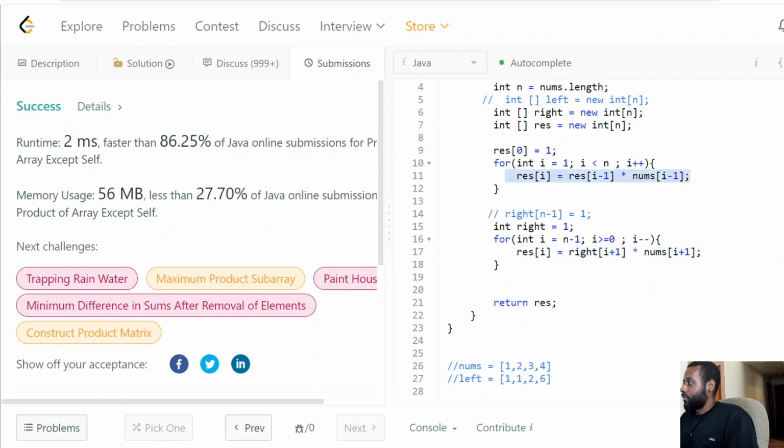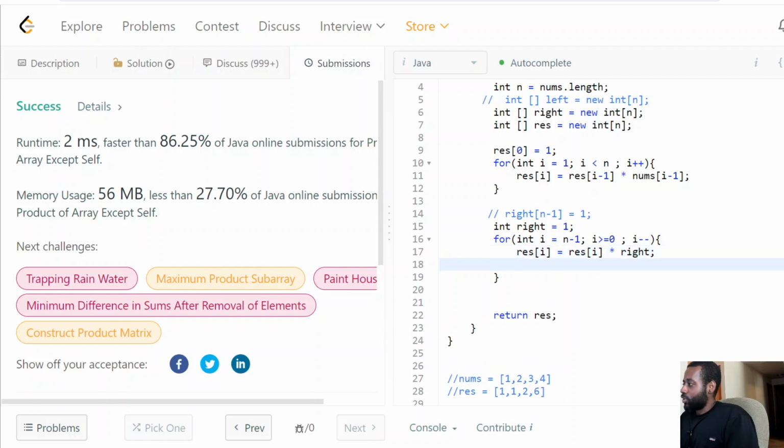So we build the left side of things, and this is what res will equal now. Then we have this right variable equal to 1, and we loop backwards. Instead of doing nums of i plus 1, which includes the previous elements, for every i it would be res of i, which includes the left side of things, times the right variable.